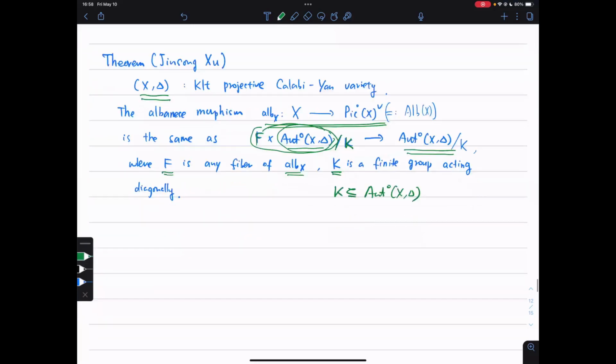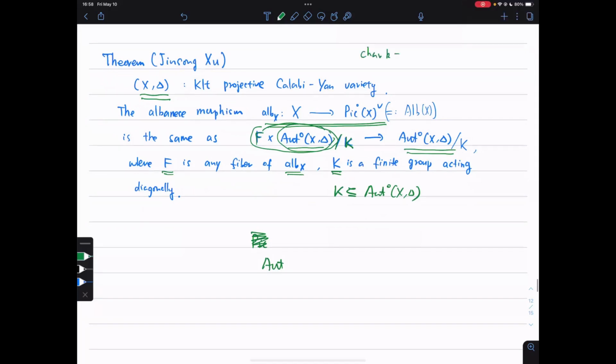Is this over any field? Because eventually you want to apply it. This also works in characteristic 0 and algebraically closed fields.